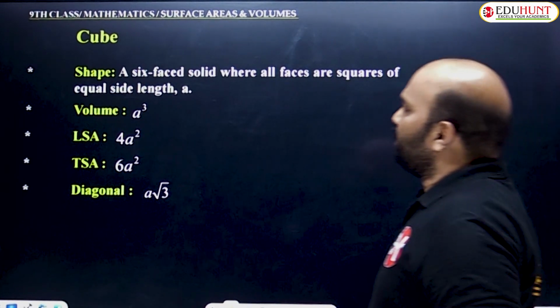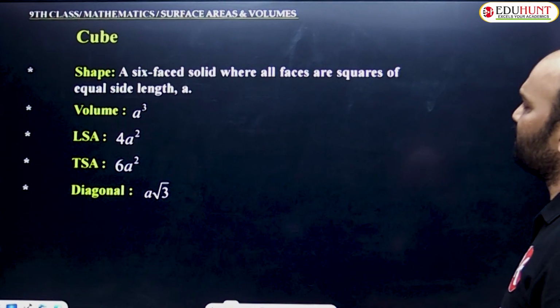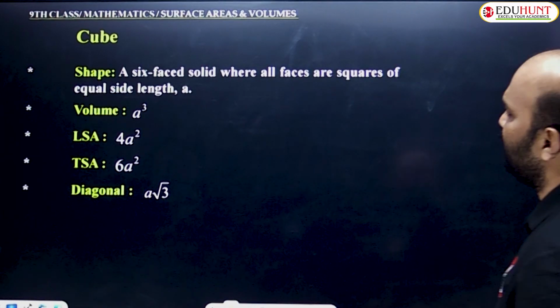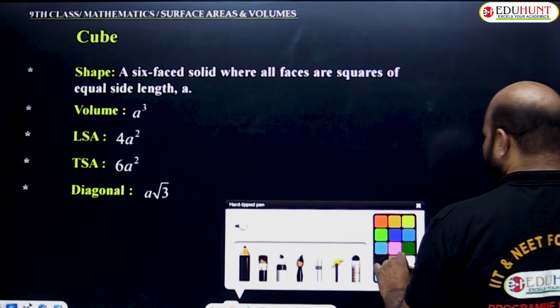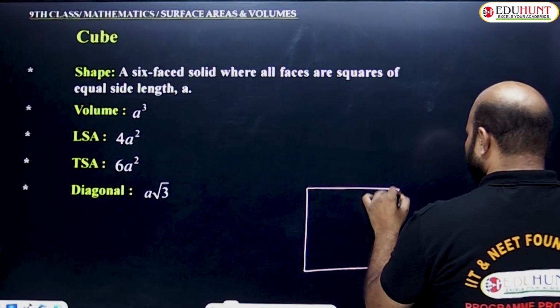This is very important. What is the shape? A cube is a six-faced solid where all faces are squares of equal side length a. So we need to understand clearly what a cube is.